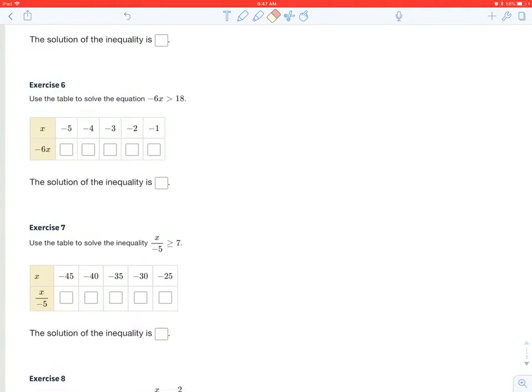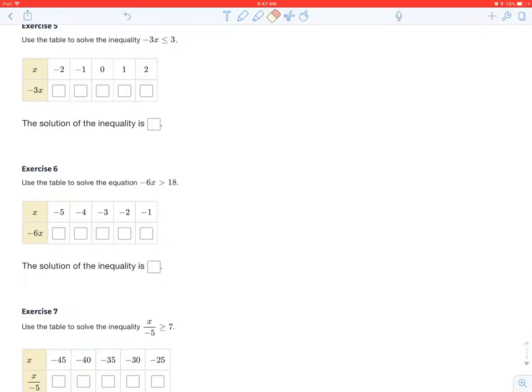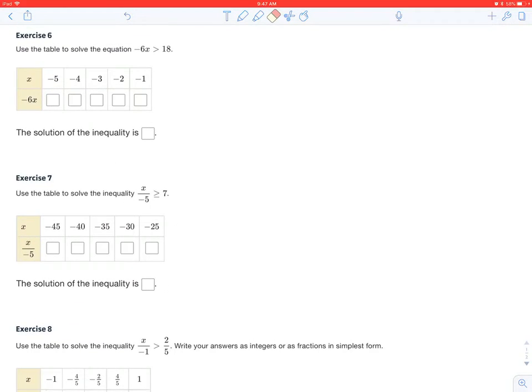So we saw in question 5 from the last video that what they want you to do in these tables is plug these values of x into this expression and then put the solution of that expression into this little box right here.